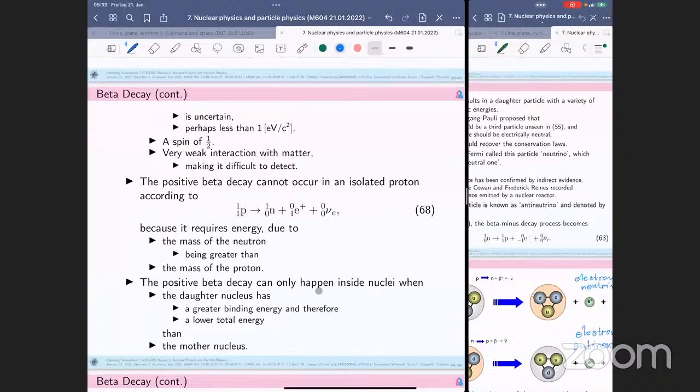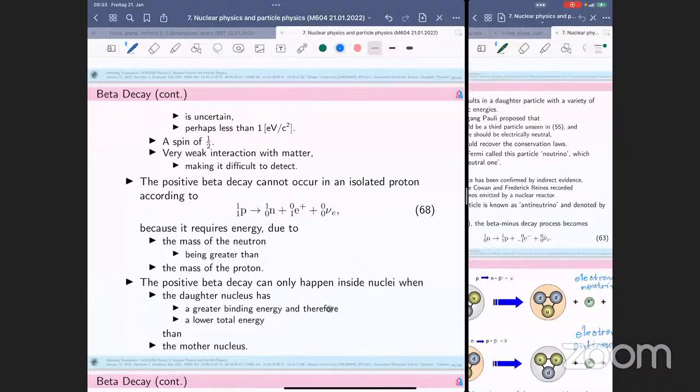The positive beta decay can happen only inside nuclei when the daughter nucleus has greater binding energy and therefore lower total energy than the mother nucleus. It means you get this process when the daughter nucleus is very dense and has very great binding energy.